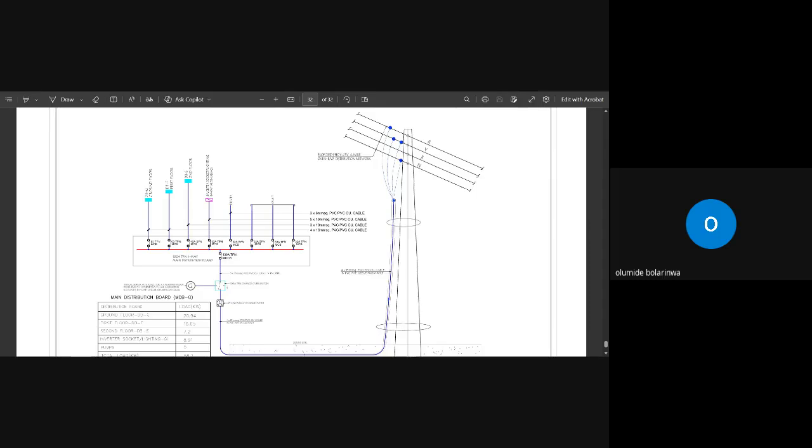Can someone tell us the height of our pole? Can someone tell us the height of a standard pole?